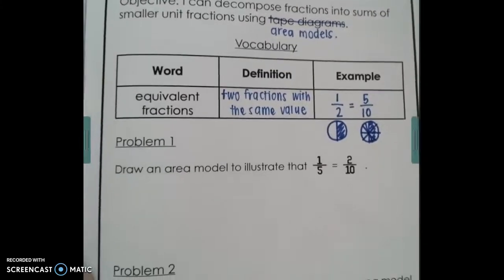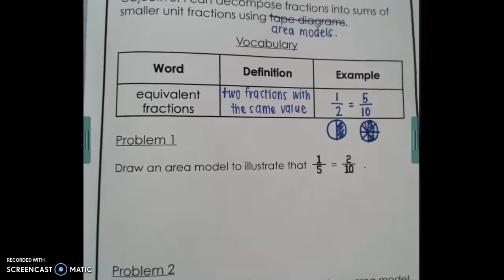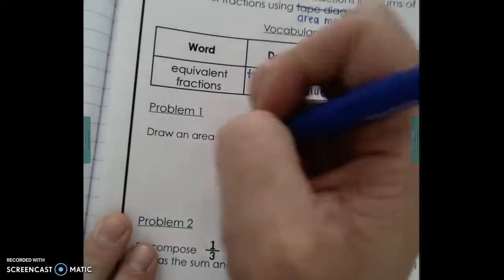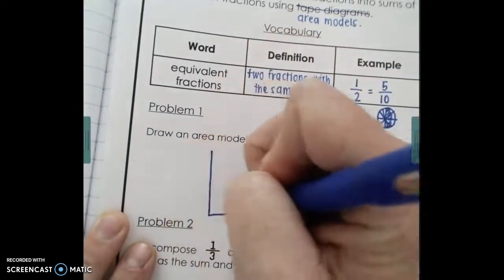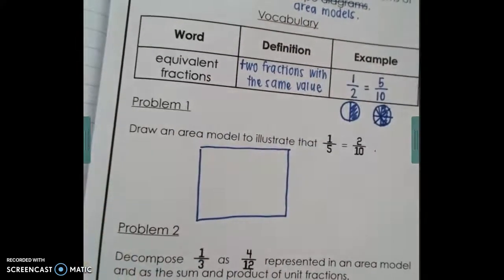So let's look at our problem number 1, and we're going to show how these two fractions are equivalent. So I'm going to draw an area model to show that 1/5 is the same thing as 2/10. So remember, area models is where we're going to draw a square. I'm going to try to draw a big square.